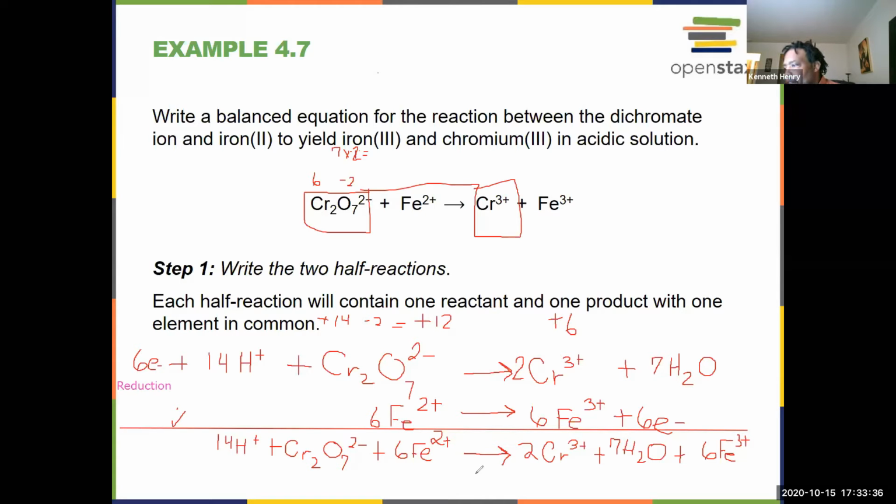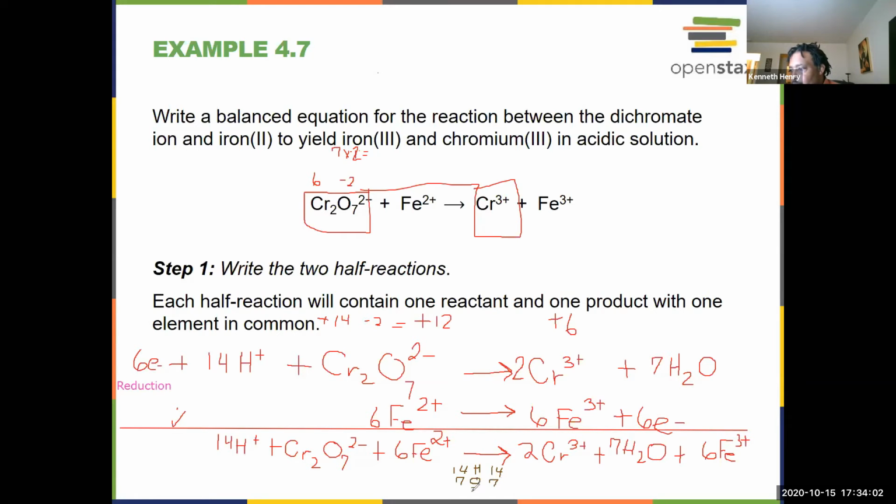How many hydrogens do we have? 14. What about on our product side? 14. How many oxygens do we have? 7. On our product side? 7.